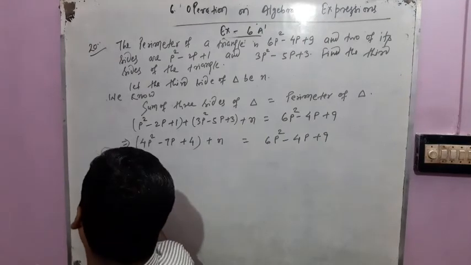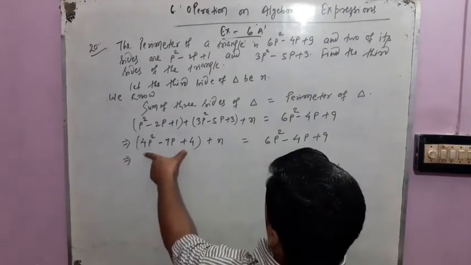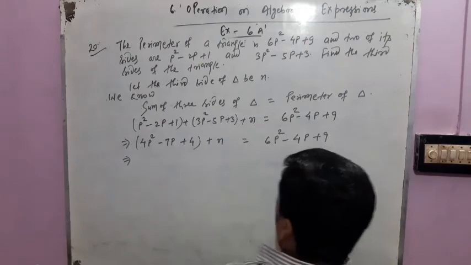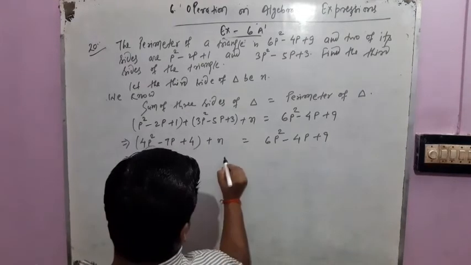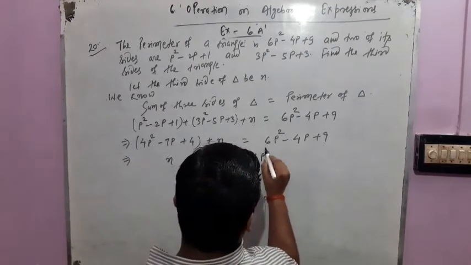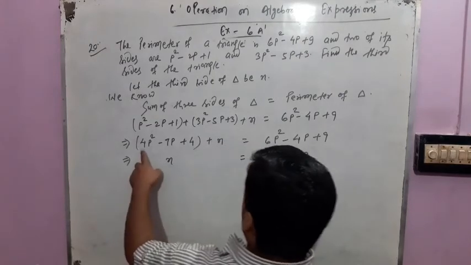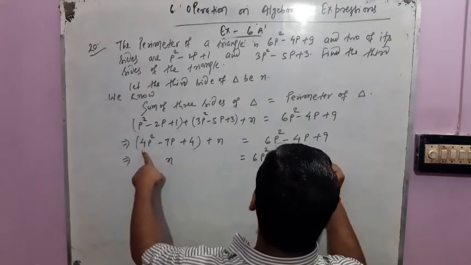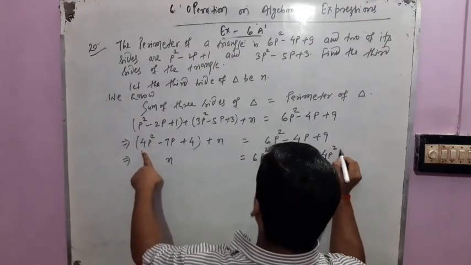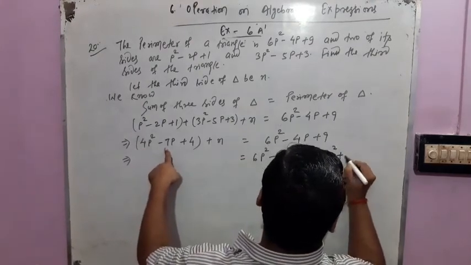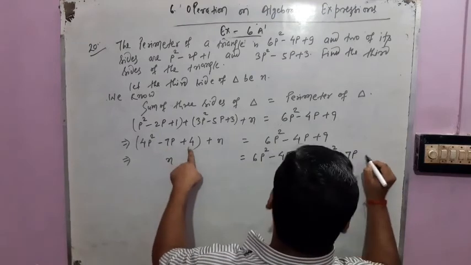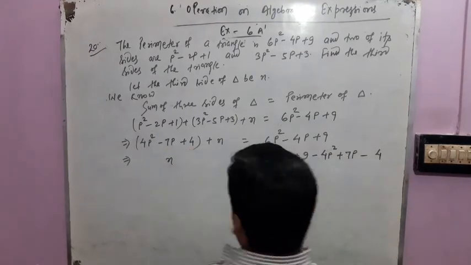Therefore, student, for calculating the value of the third side, we have to move the sum of these two sides to the other side. Therefore x is equal to 6p square minus 4p plus 9, minus 4p square, plus 7p, minus 4. Here 4p square is plus, so it turns into minus; minus 7p turns into plus 7p; and plus 4 turns into minus 4.